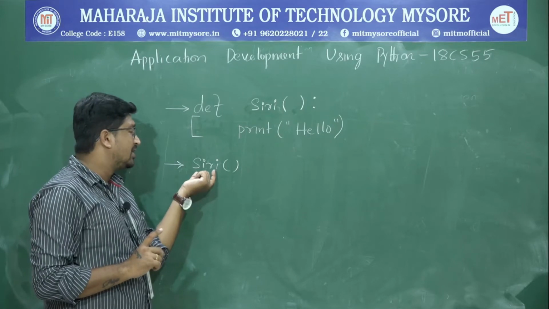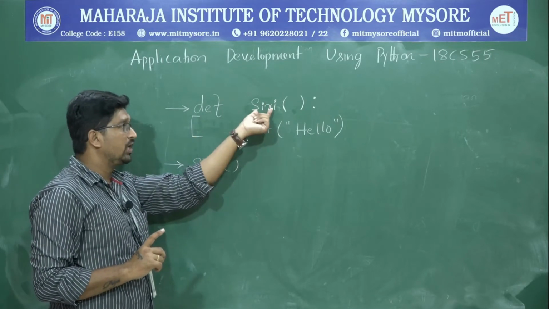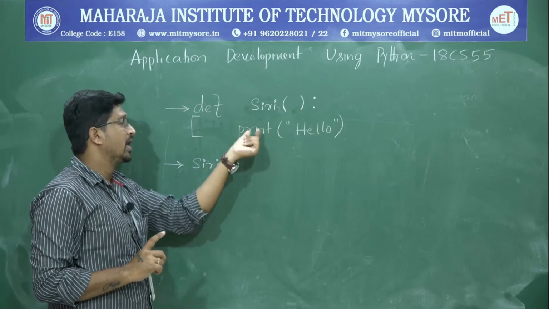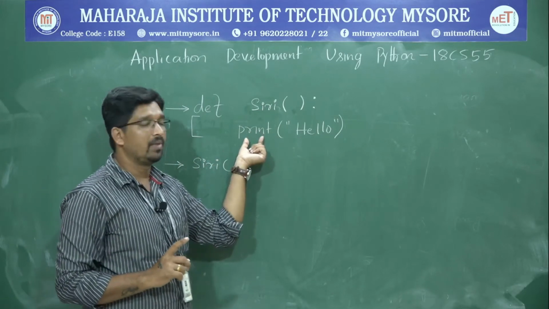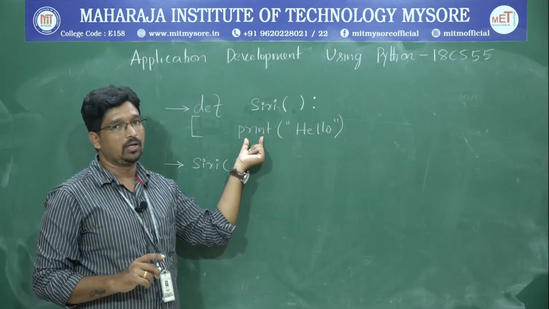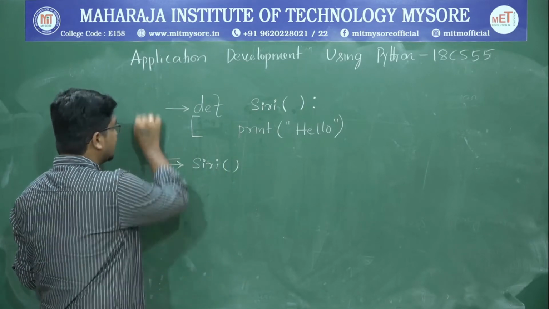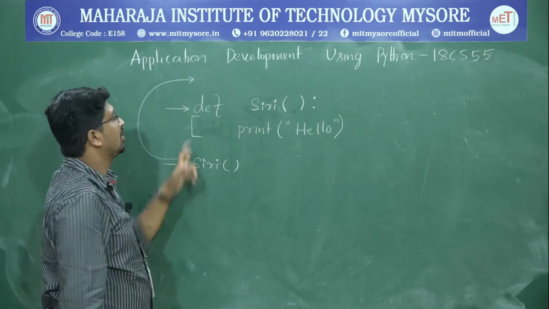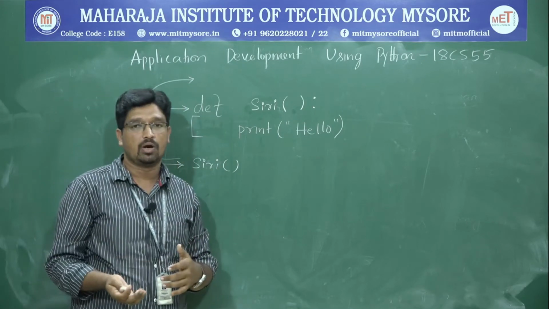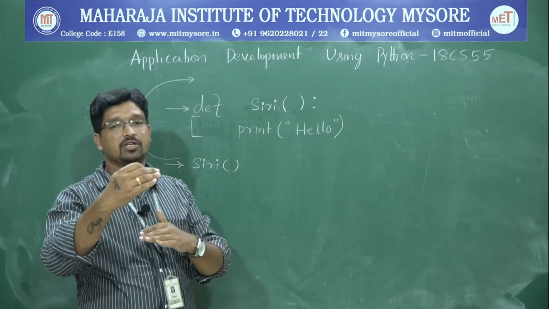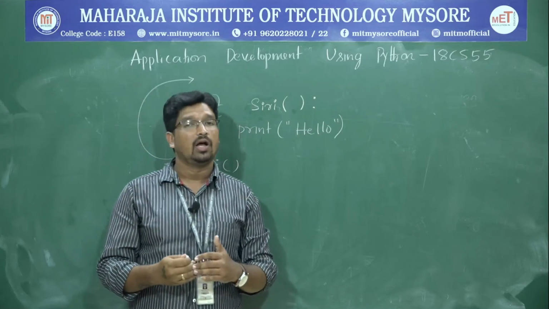Whenever I call Siri, it will go to the Siri function and execute the function body. You should remember, you cannot place the function call before the function body. First you should have the function body, then the function call.